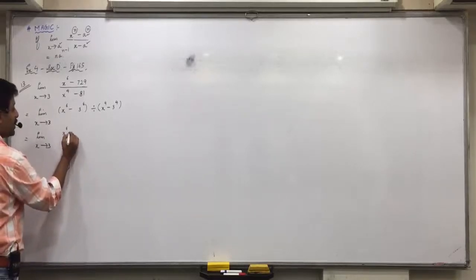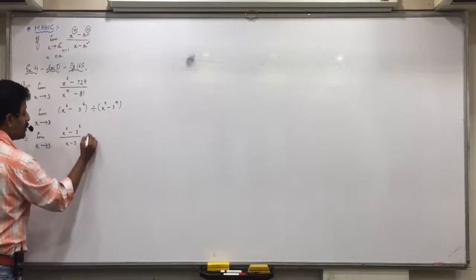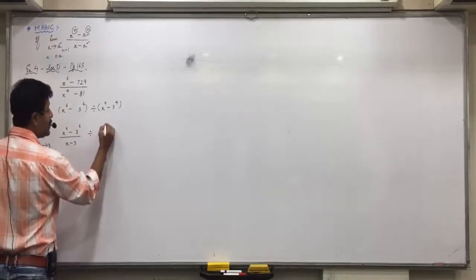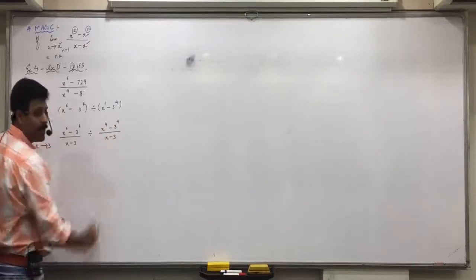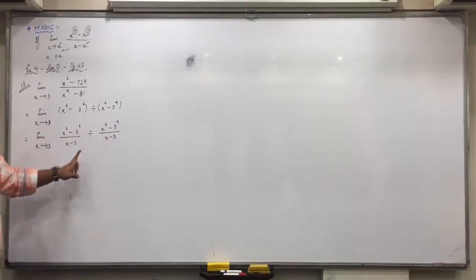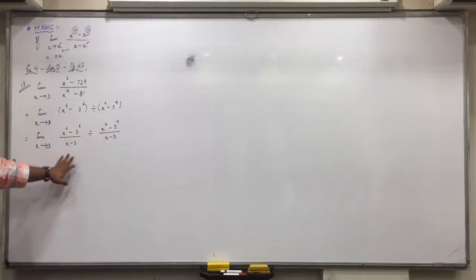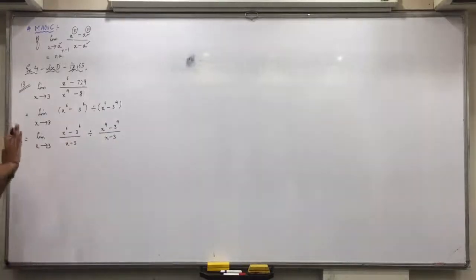Means (x raised to 6 minus 3 raised to 6) upon (x minus 3), and (x raised to 4 minus 3 raised to 4) upon (x minus 3). Both of them are divided by x minus 3. So basically this x minus 3 gets cancelled and the overall value remains the same.